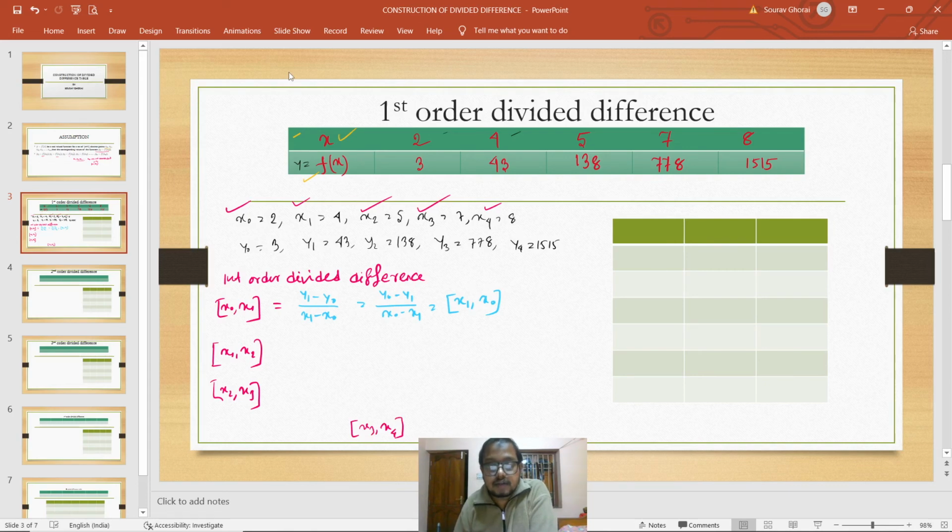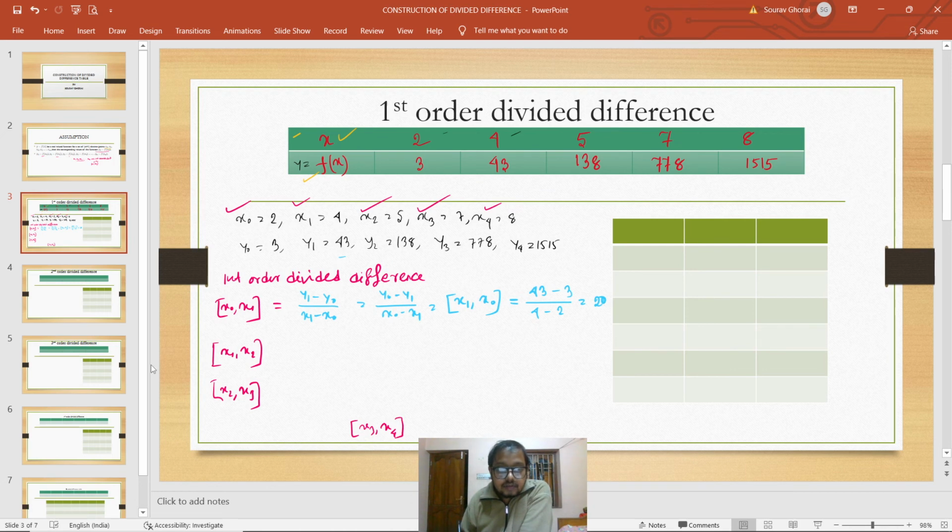So this is symmetric, and if you put in the values of y1, y0, x1 and x0, the value of y1 is 43, the value of y0 is 3, and x1 minus x0 is 4 minus 2, so this will be 20.